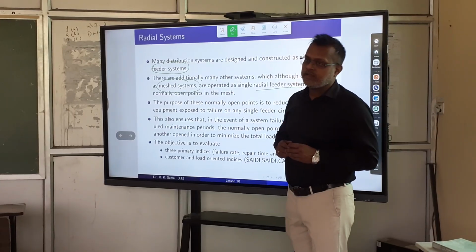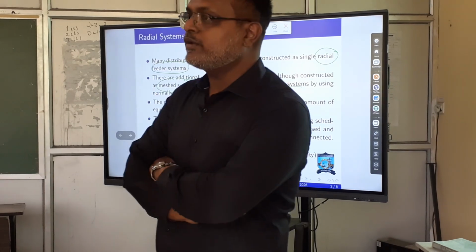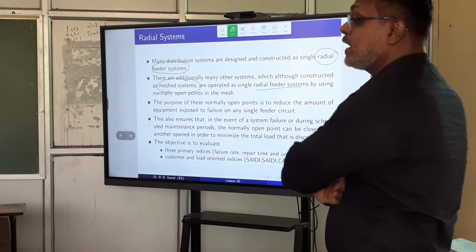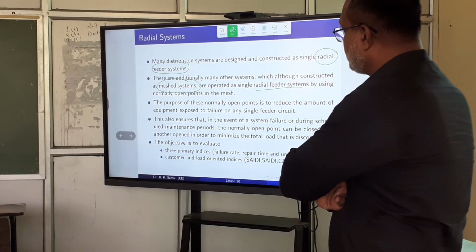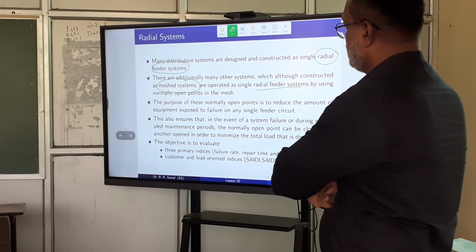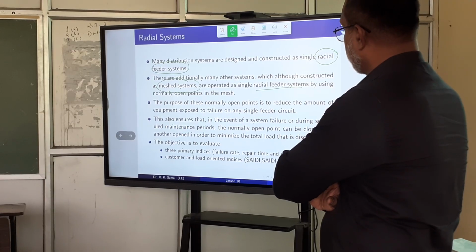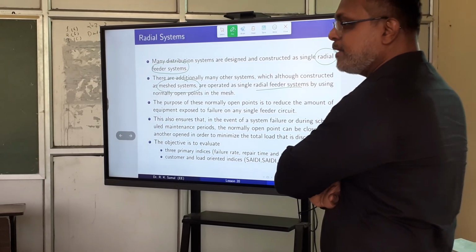So when we evaluate the reliability of the radial distribution system, what exactly are we going to do? We write down the last point. For radial systems, the objective is to evaluate the three primary indices.